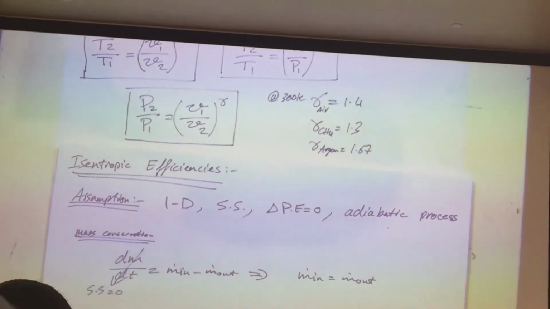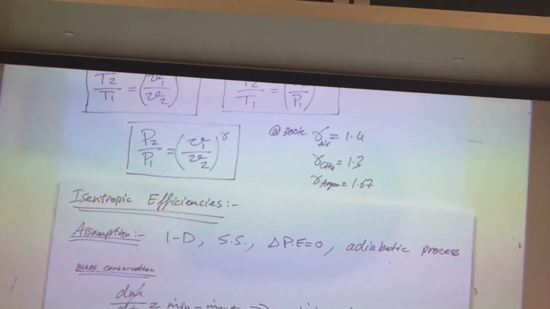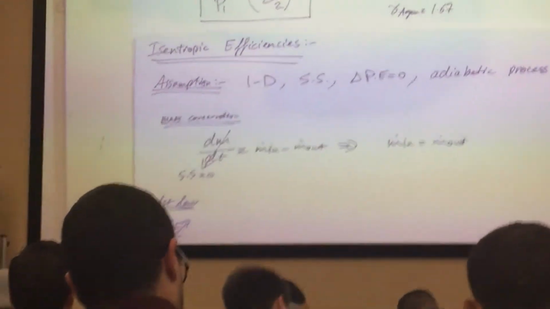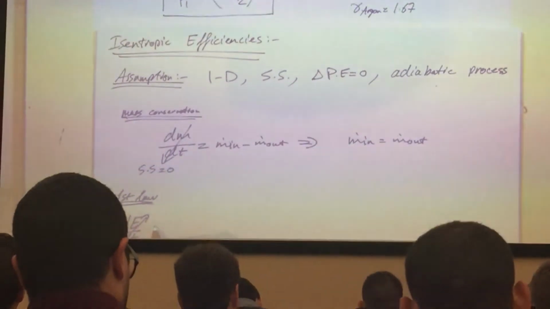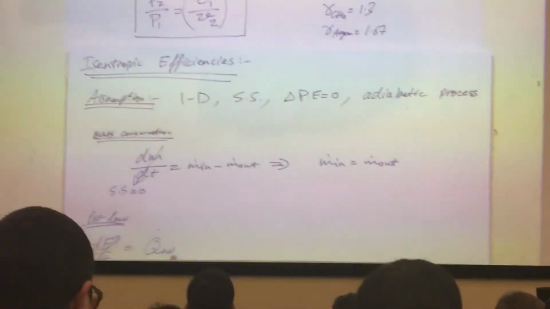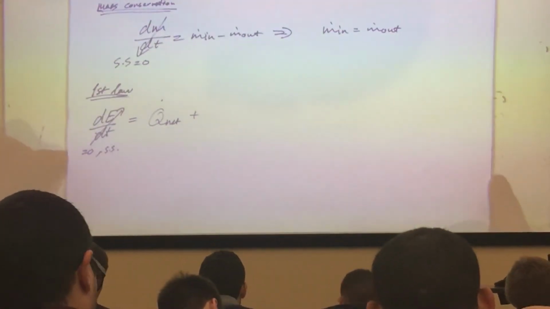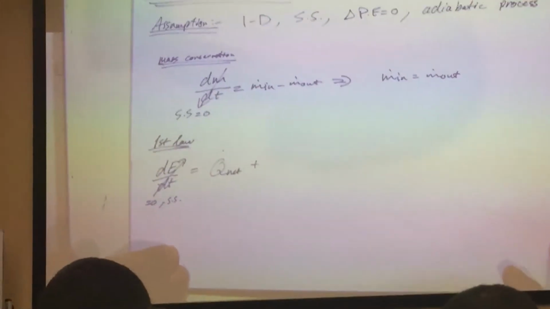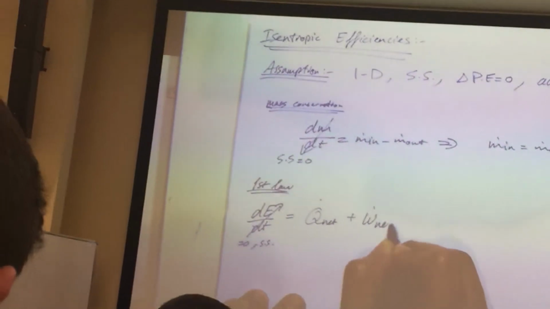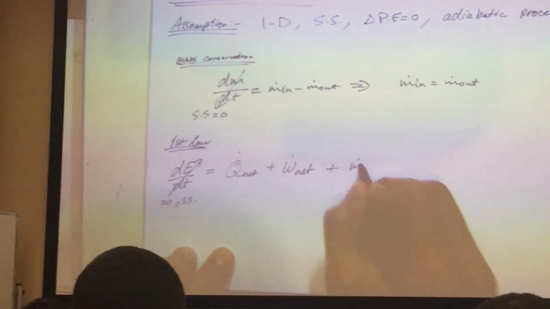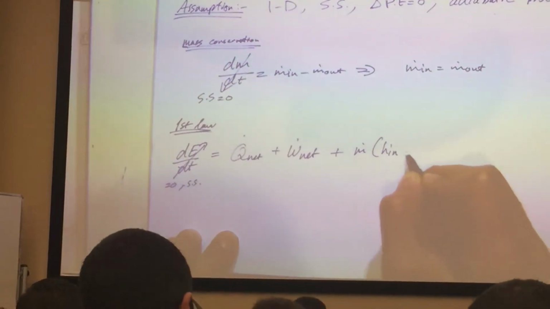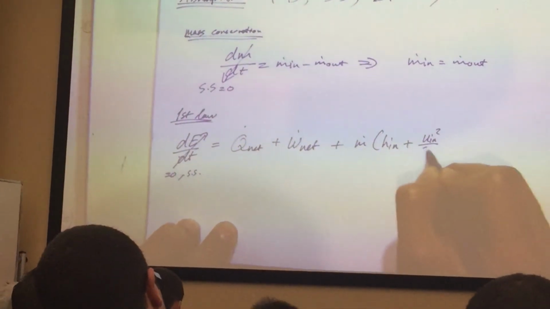First law of thermal. Well, I've got my rate of change with time, that we just said is equal to 0 because it's steady state, is equal to my q dot net plus work dot net plus m dot enthalpy plus my kinetic energy, u squared over 2.